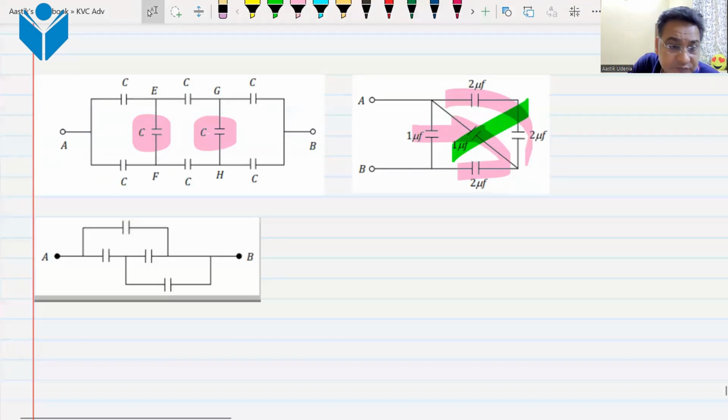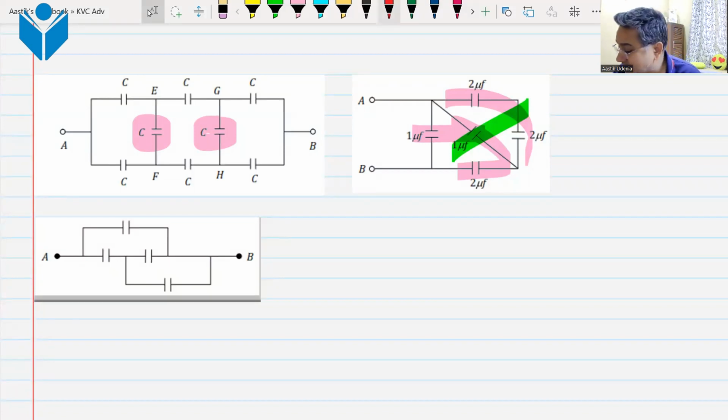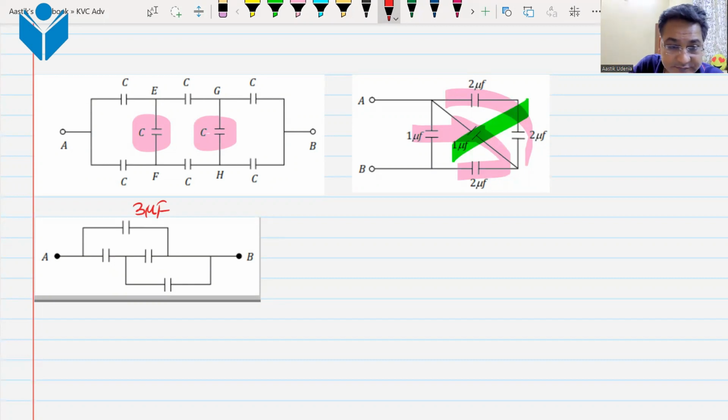Comes this one. All the capacitors are 3 microfarad. Everyone is 3 microfarad. Find the equivalent capacitance of this.